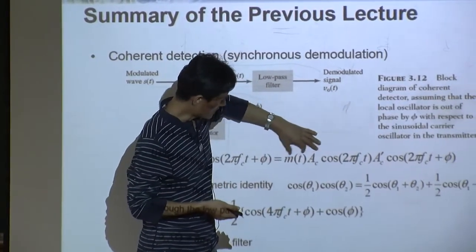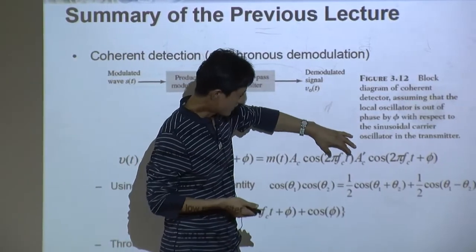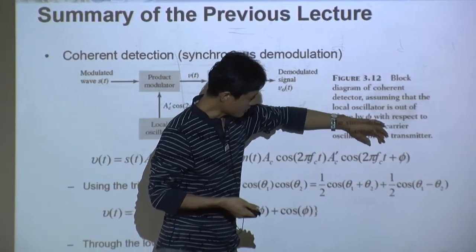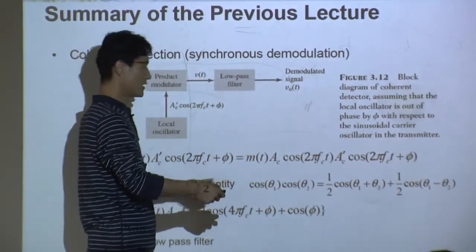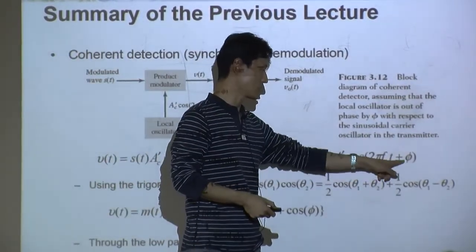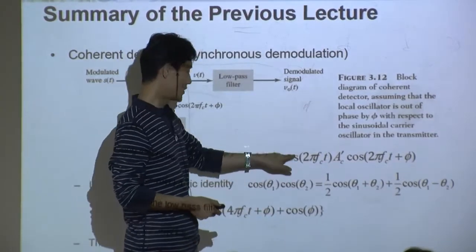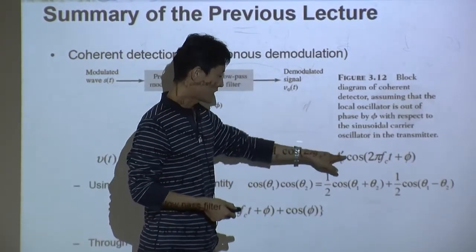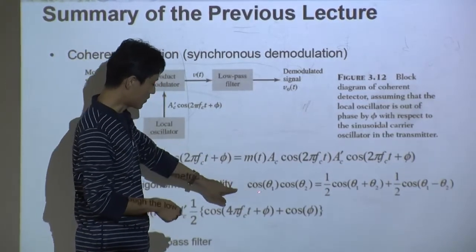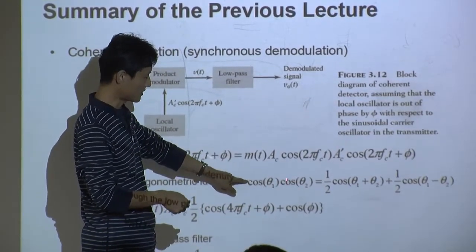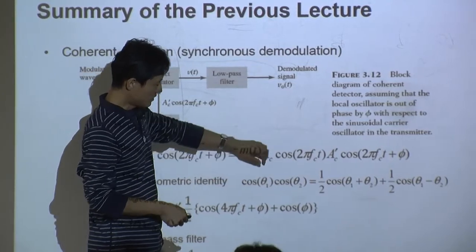So it's m(t) times cosine 2π f_c t times cosine 2π f_c t plus φ, right? So it's the same cosine with the same frequency, but this one has a little bit of phase mismatch. So when you have two cosines multiplied in this way, using the identity cosine θ1 times cosine θ2 equals this one, right?